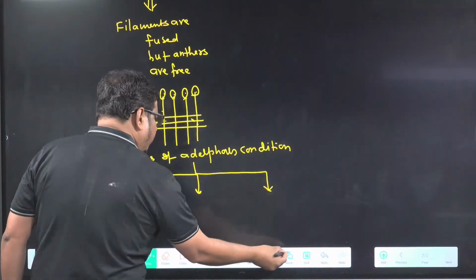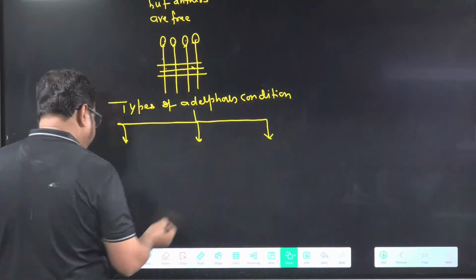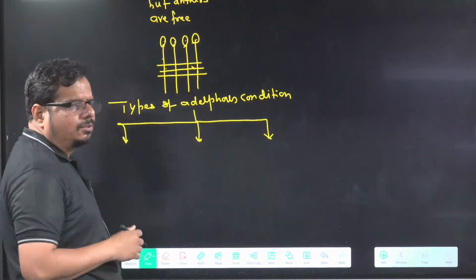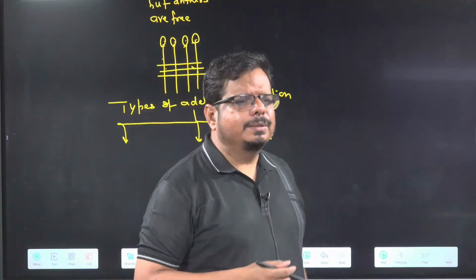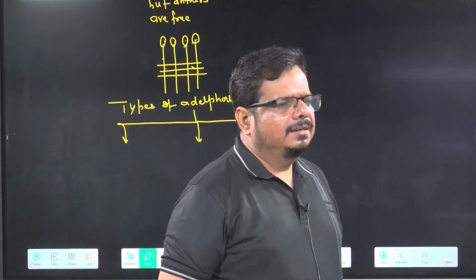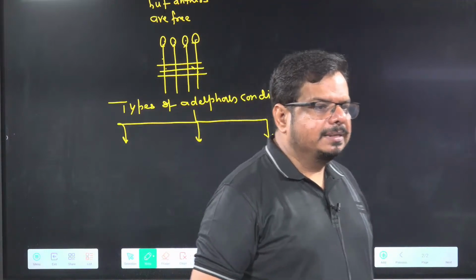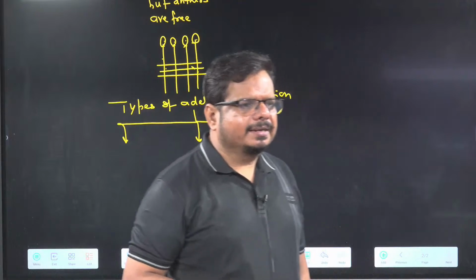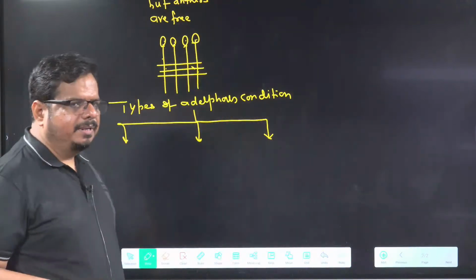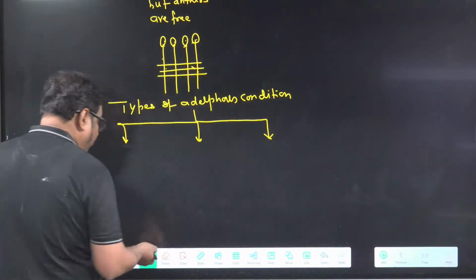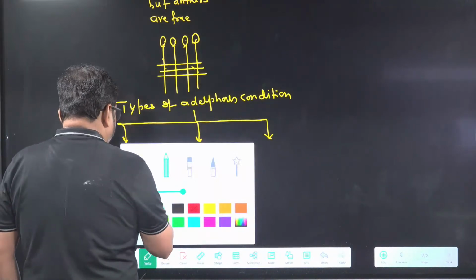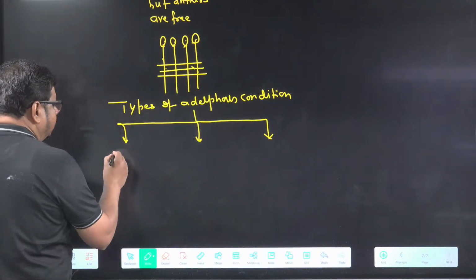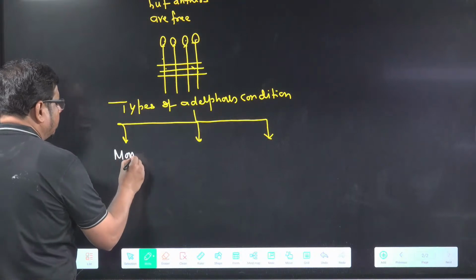So 3 types of Adelphous condition are there, and from here questions are going to be asked. Out of all these, who is important? These are most important because they are mentioned in NCERT. What is the priority index? NCERT must be like 2 to the 4. So Adelphous condition is monoadelphous.